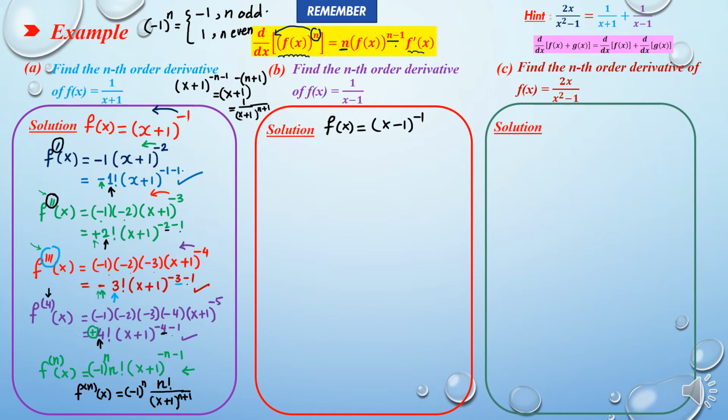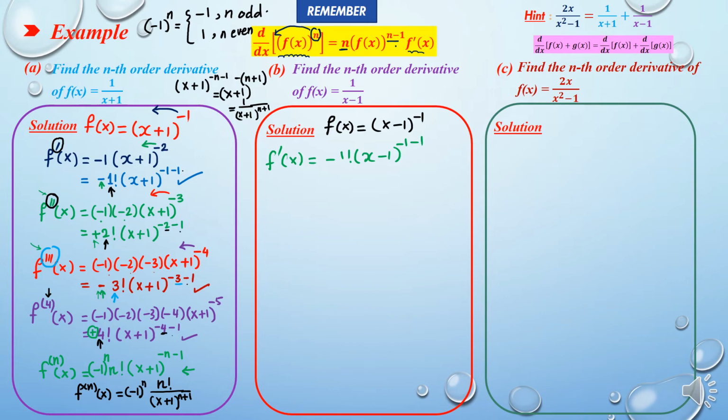Then you have to use the power rule for differentiation, which comes from the chain rule, and it's easy to find that the first derivative of this function will be negative 1 factorial multiplied by (x minus 1) to the negative 1 minus 1.